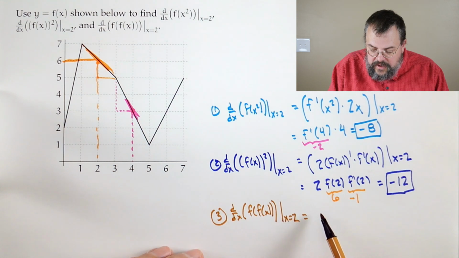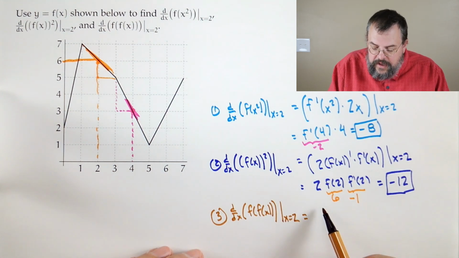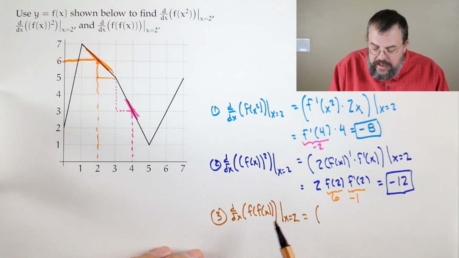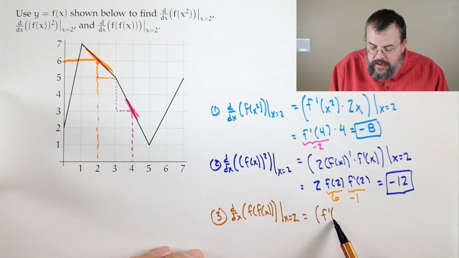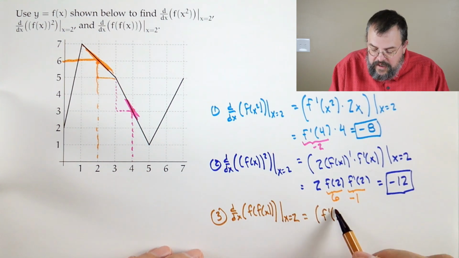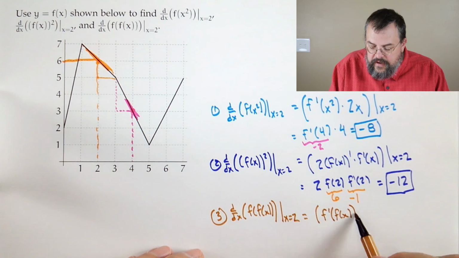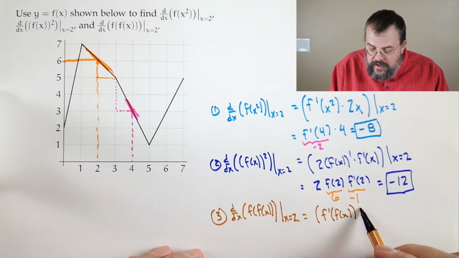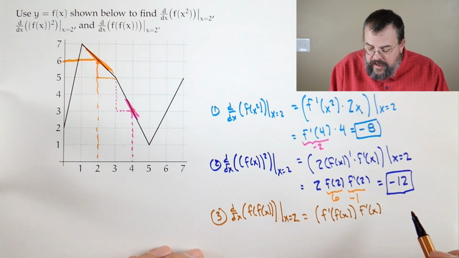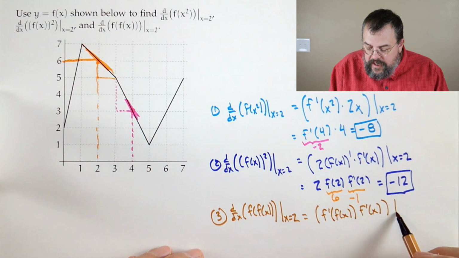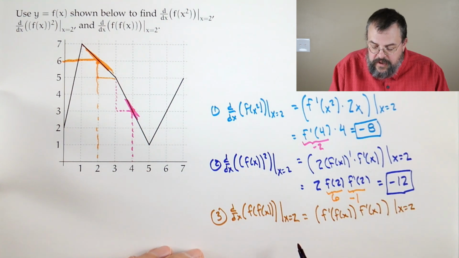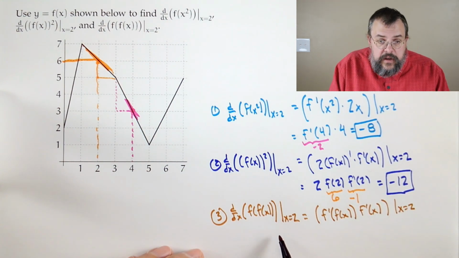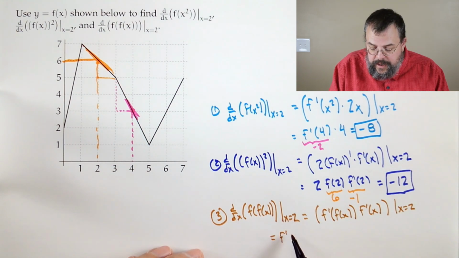So according to the rule, take the derivative of the outside, f prime, plug the inside in, f of x, times the derivative of the inside, f prime of x. And then evaluate that at x equals 2. So this is f prime of f of 2 times f prime of 2.